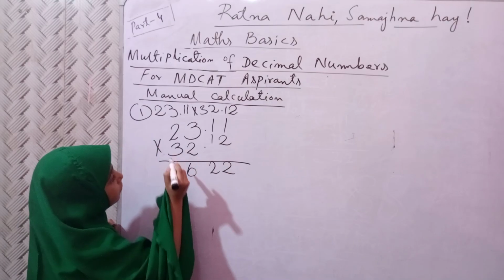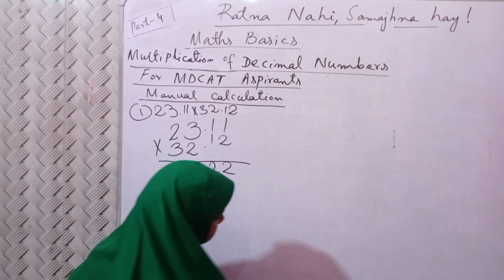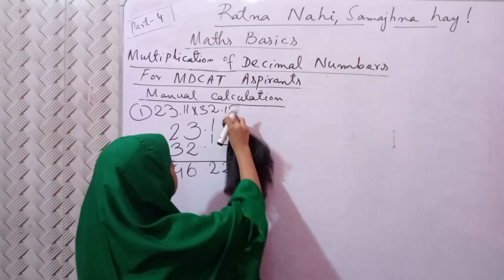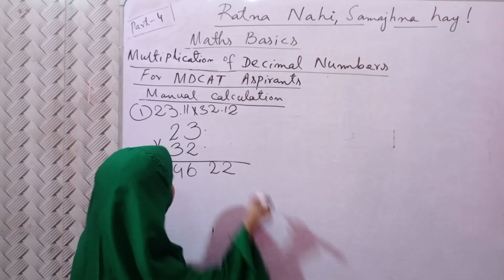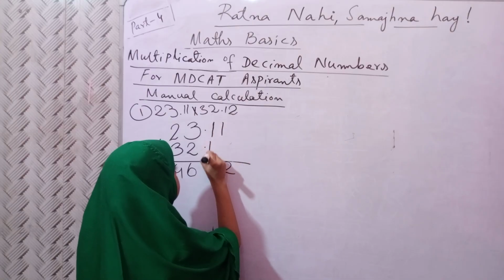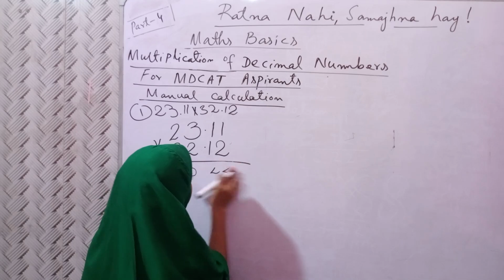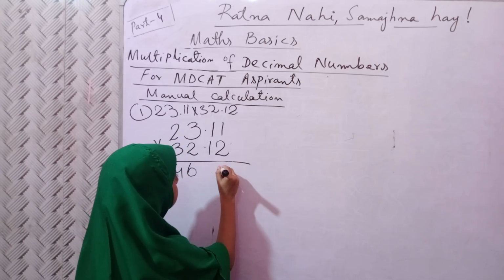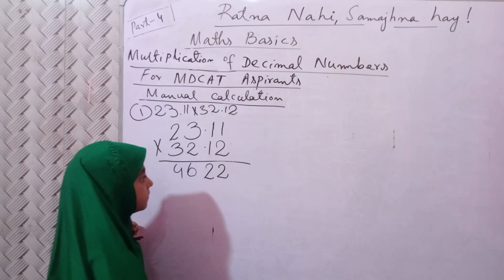Now 2 twos are 4. Sorry, I did not write number plus number. Two ones are 2 and 2 ones are 2.